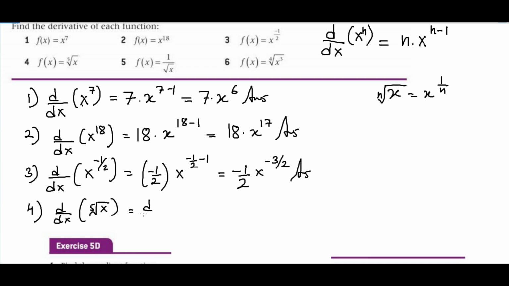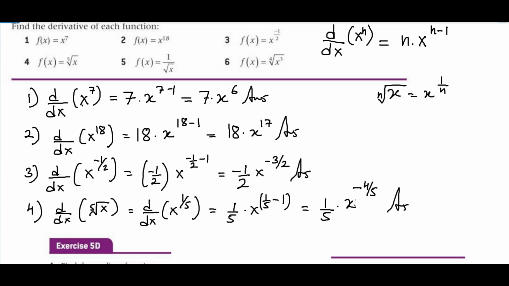You can write this as x to the power 1 by 5 and apply the same. The n value is 1 by 5. So 1 by 5 times x to the power 1 by 5 minus 1. How much is that? You need to take the LCM as 5. So 1 minus 5 is negative 4. So we are going to get 1 by 5 times x to the power negative 4 by 5.